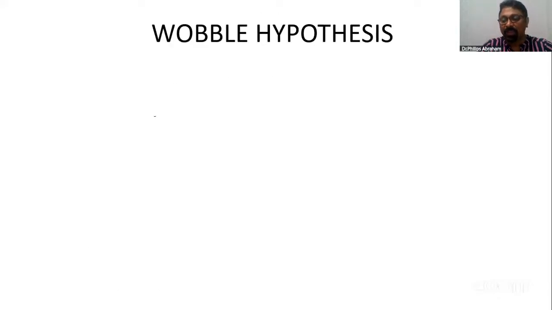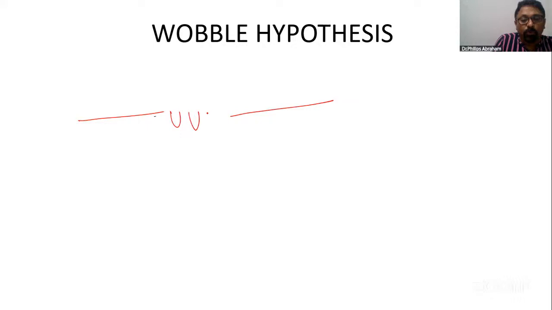Then comes a theory. There's a question in the previous question paper: the wobble hypothesis. Wobbling means shaking, unsteady. Codons are present in the mRNA.